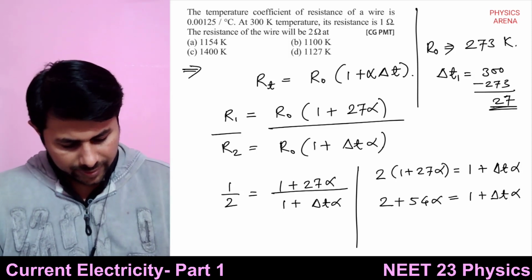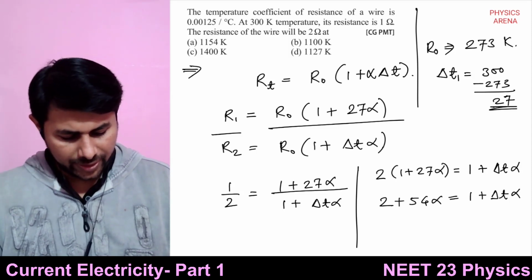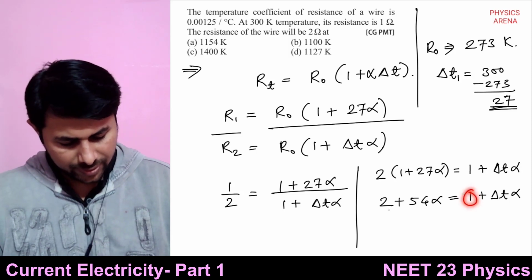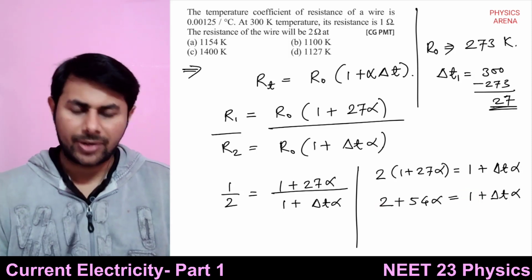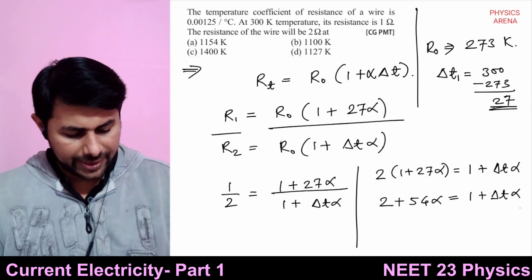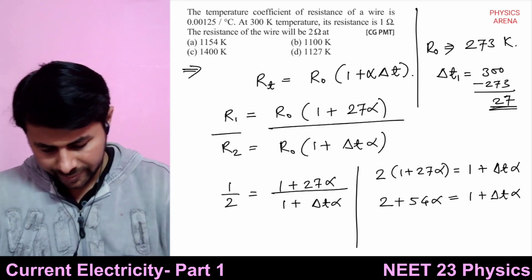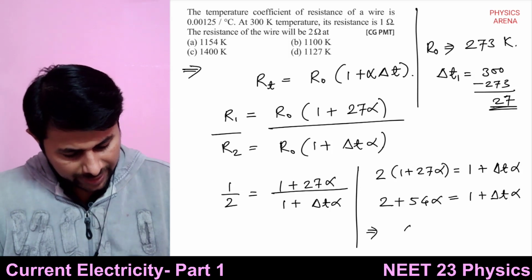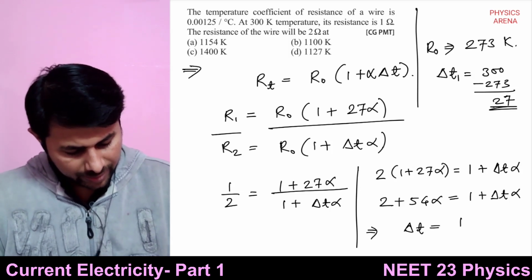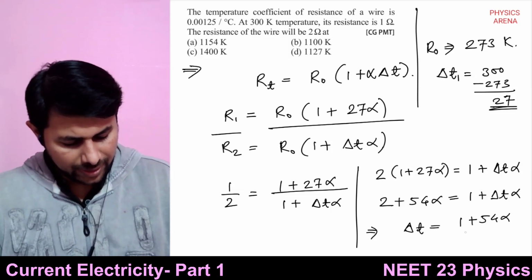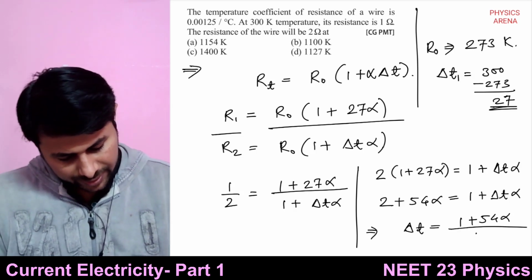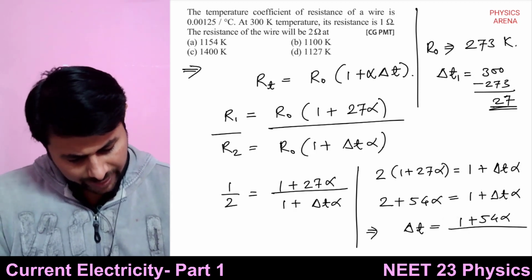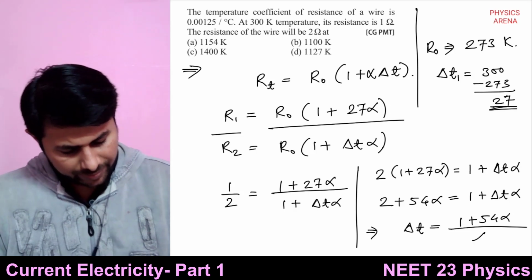Then we can take that 1 on the other side. So it will be 1 plus 54 alpha equals delta T times alpha, and therefore delta T is equal to 1 plus 54 alpha divided by alpha only.